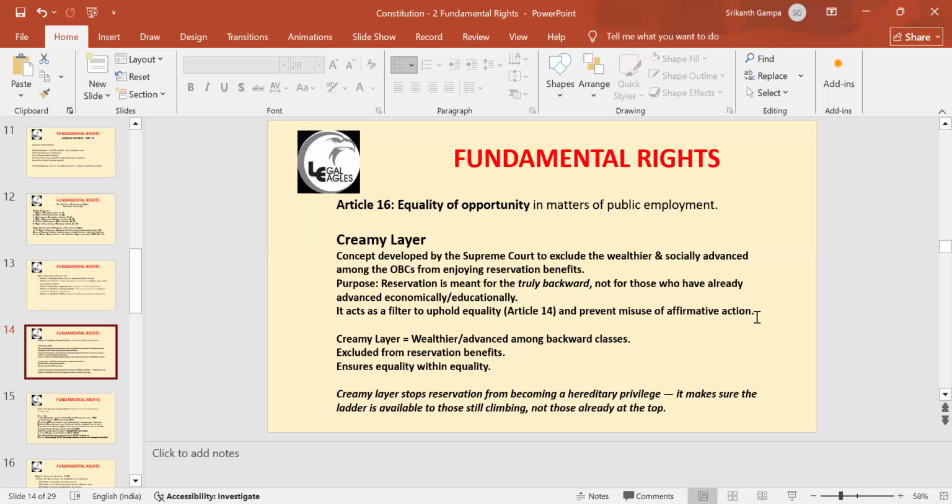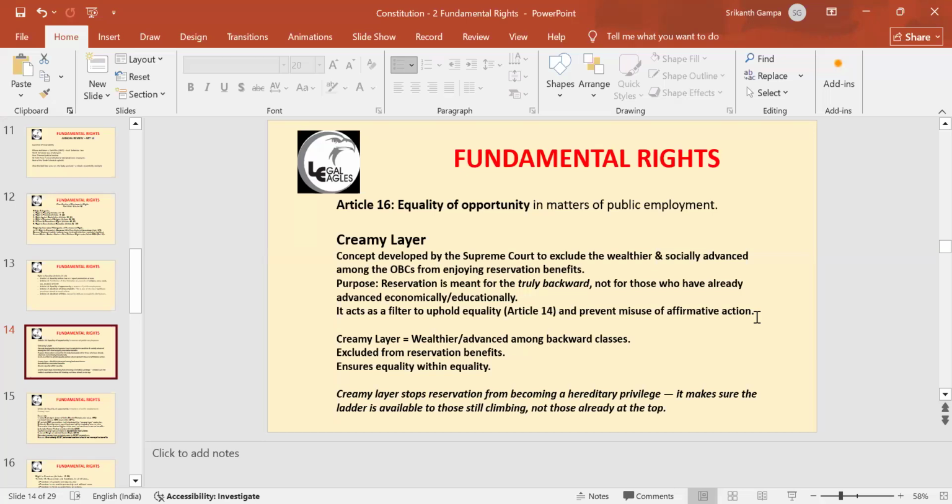But here again, there is a new law which has come. This is nothing in the act; it is through case law that the creamy layer concept has come. We will not go in depth into reservations because reservation is given in the act. Even though equality of opportunity is there, reservation is also part of the act.